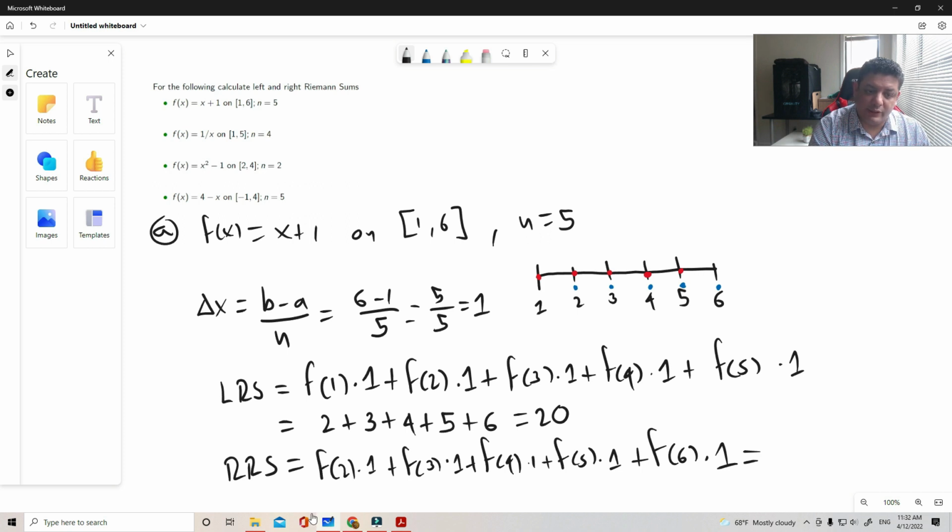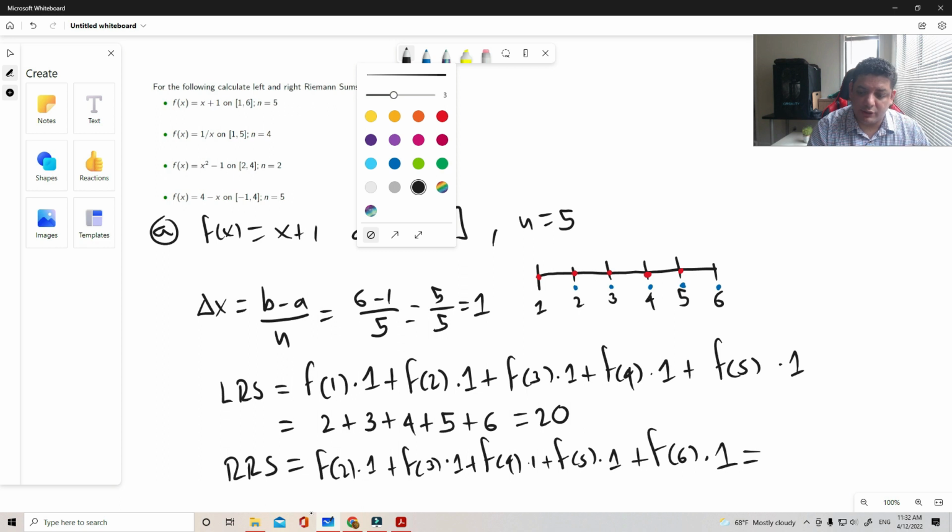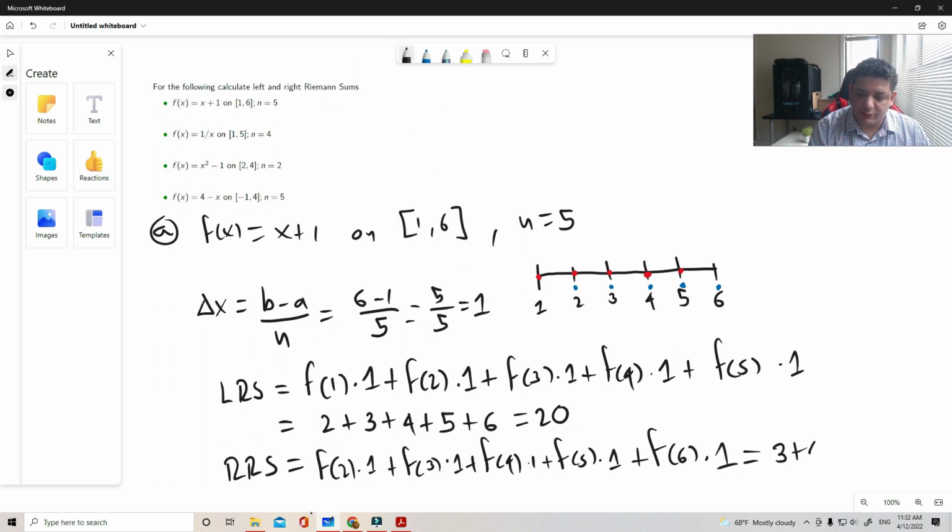Now, similarly as before, we just need to plug in the function. So we have 3, 4, plus 5, plus 6, plus 7. And so this is going to be 10, 20, 25. So that's going to be the approximation for this particular case.